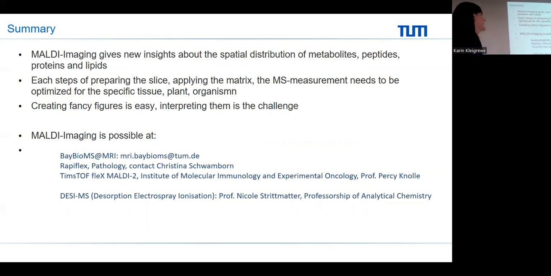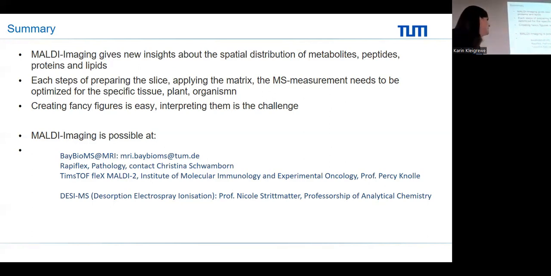You have to do drug dissections on the slides, and then you most likely see the most abundant proteins. But there are groups out there who are doing this kind of imaging. And as I said, each step needs to be optimized for your matrix. And with that, you can create easy, fancy figures. But to make sense out of it later on, this is the next challenge.